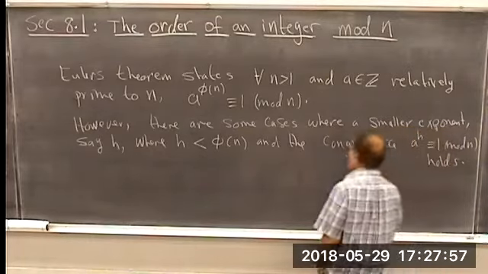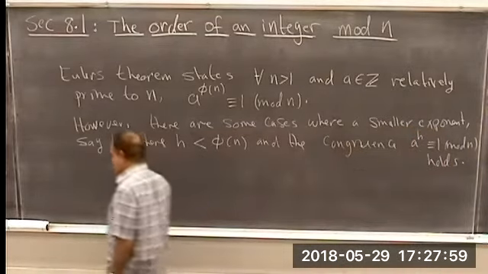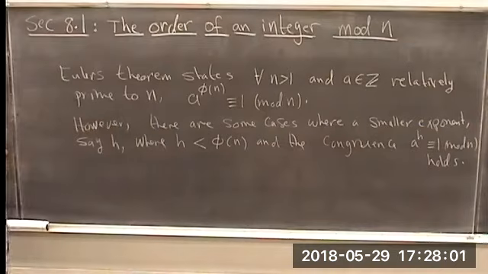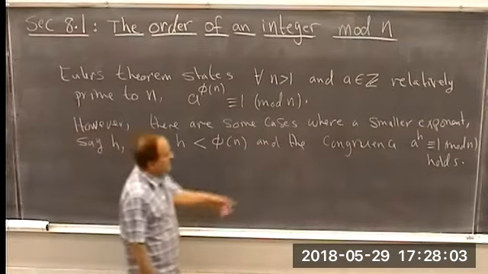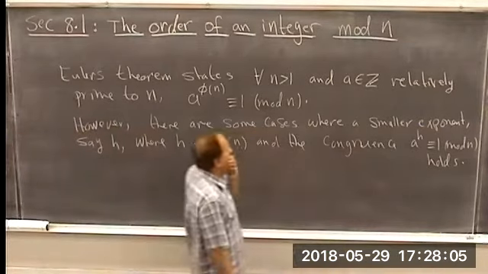Meaning for smaller exponents other than phi of n, we do have this congruence to 1 mod n.